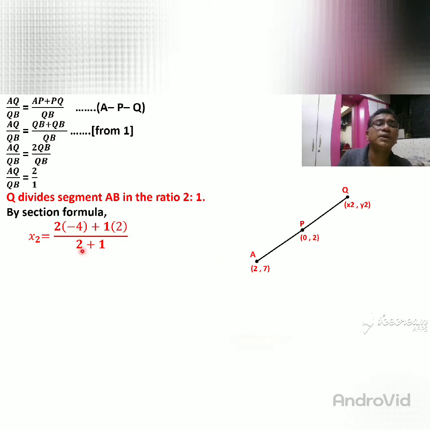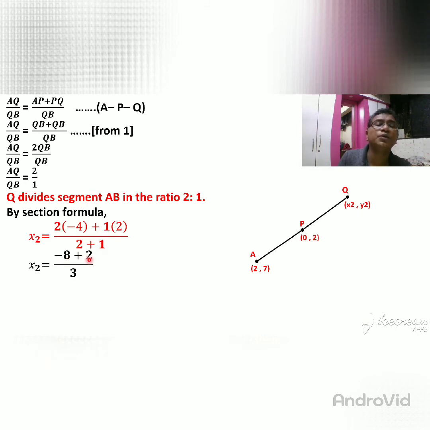So 2 plus 1, 3. 4 twos are 8, so minus 8, and 2 ones are 2, so you get 2.